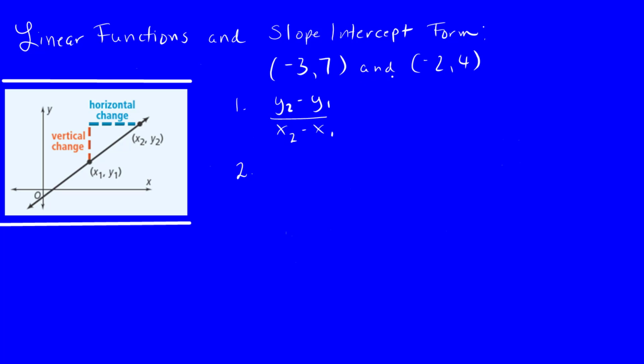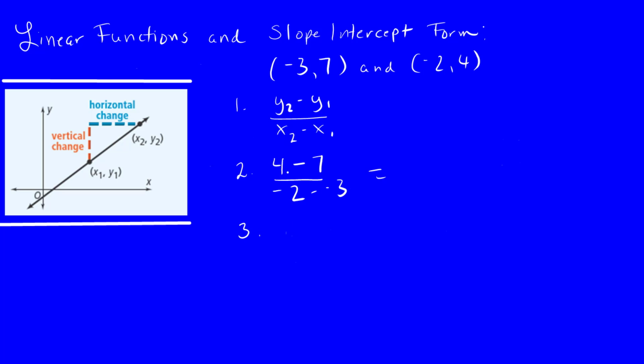All right, now y sub 2 is 4 minus y sub 1, which is 7. So 4 minus 7 over -2 minus -3. All right, so that equals what?